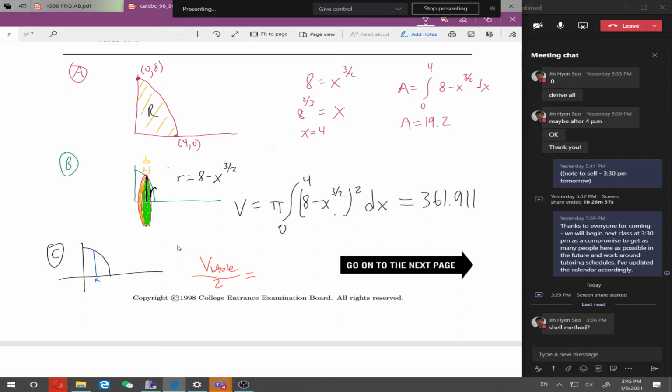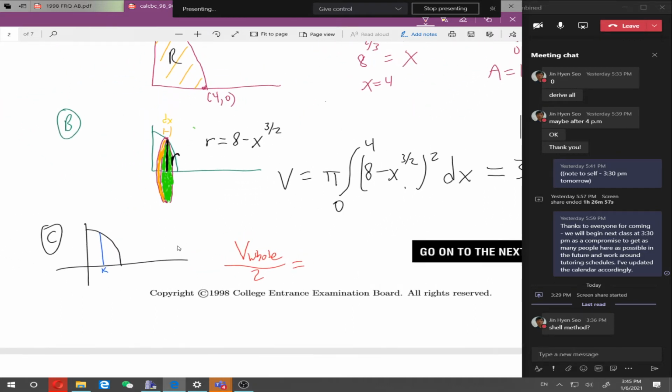So what should our equation of the first half be? Oh, is it still me? Then should be pi over 2 times the integral. Okay, I think you're giving me this side again.